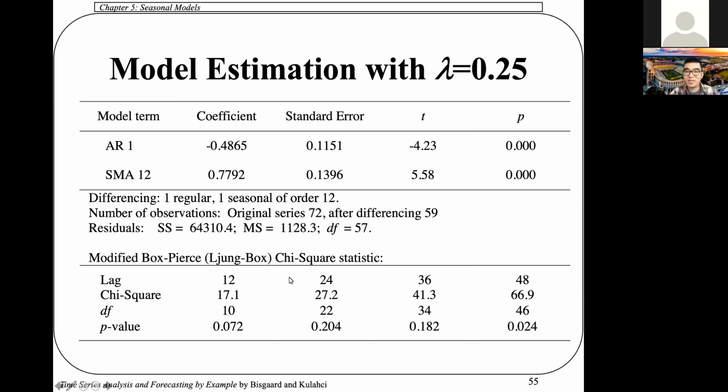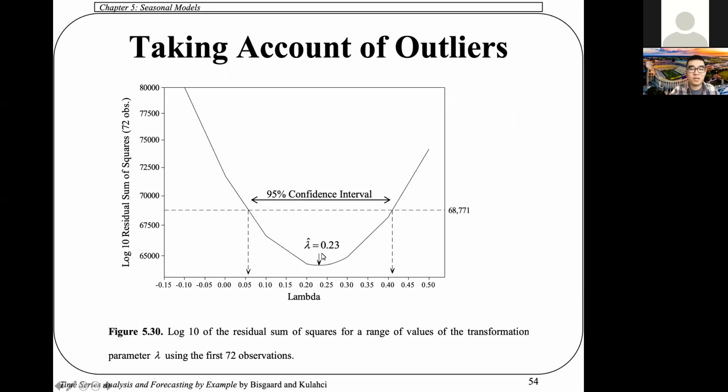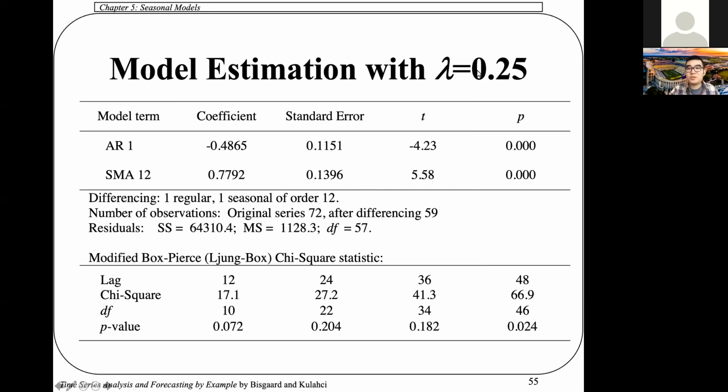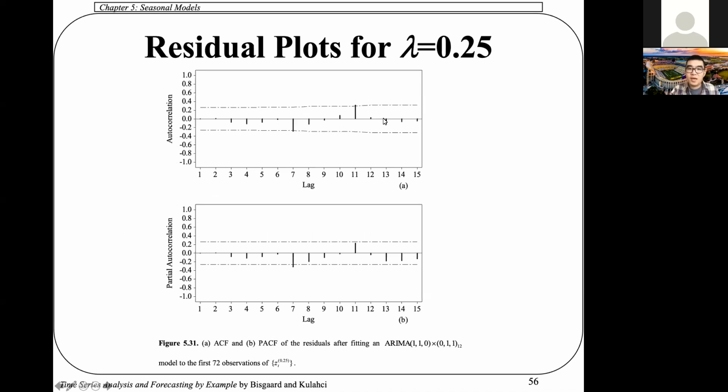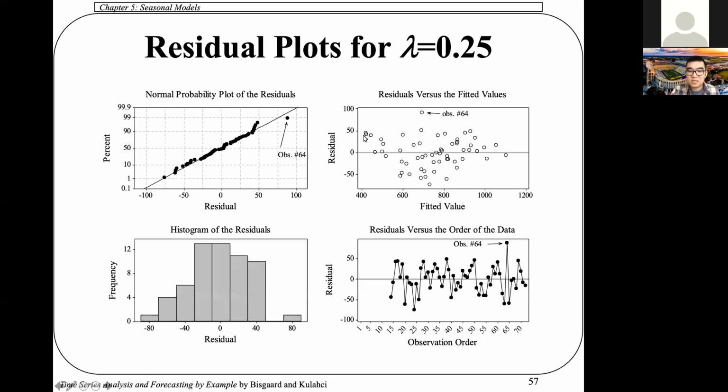But we can at least tell that if we throw away the observations from 74 to 77, and here I just use lambda equal to 0.25. I think there won't be much difference if you use lambda equal to 0.3, the optimal lambda. If we use lambda equal to 0.25 and throw away the outliers, we get very good LB statistics. Again, the coefficients are statistically significant, and the residual plots are not bad. I think it's good.